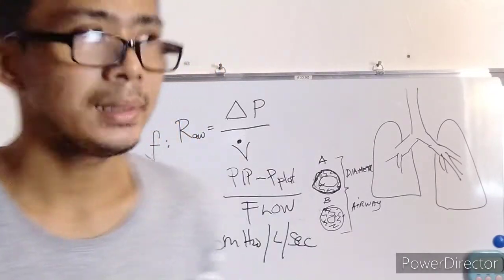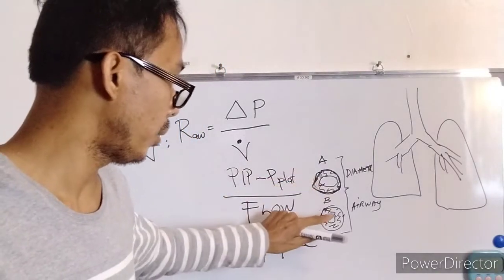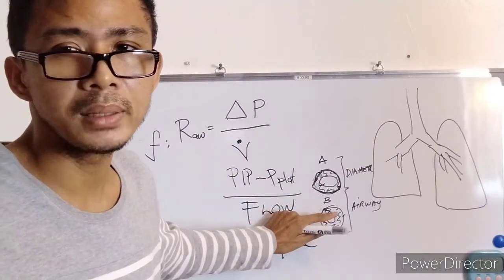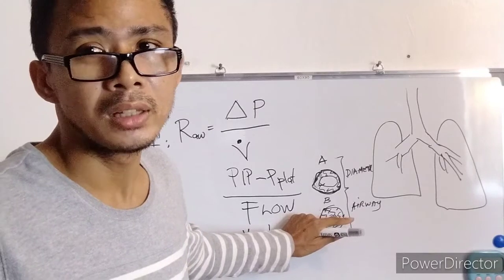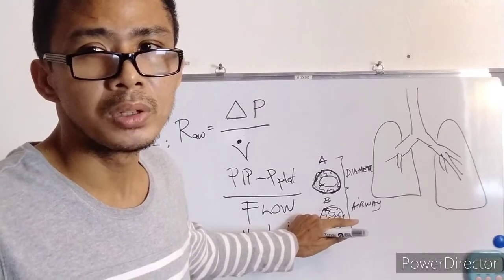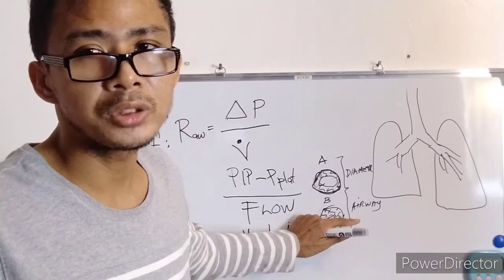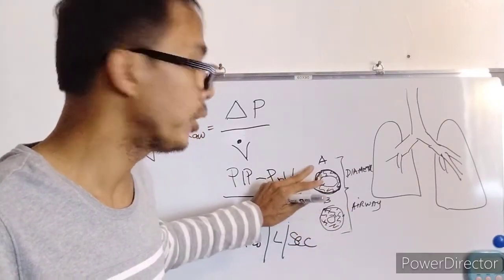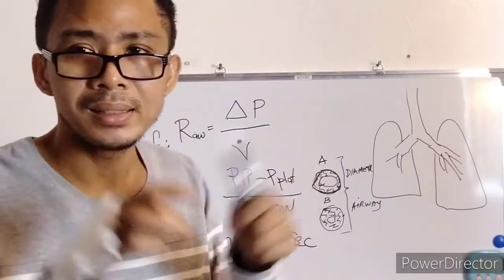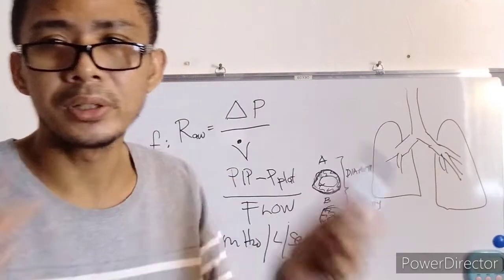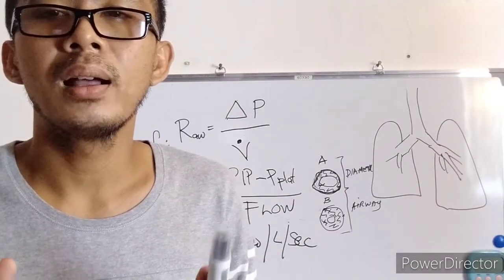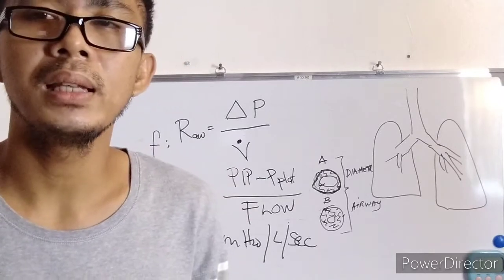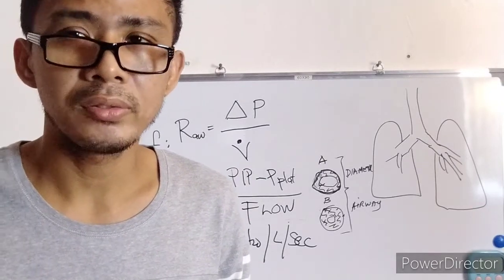Again, we emphasize that the smaller the circumference of your lumen, the higher the resistance, or the higher the friction that will affect your laminar flow, so your ventilation will be affected. In this figure, letter A represents a bigger lumen diameter. A bigger lumen diameter will diminish or eliminate airway resistance or friction.